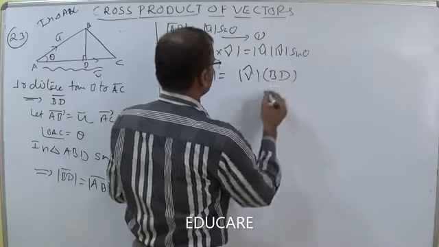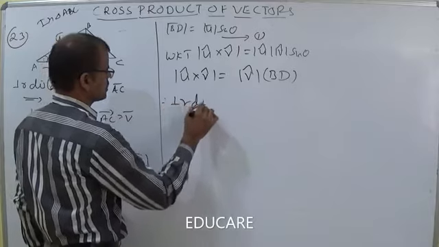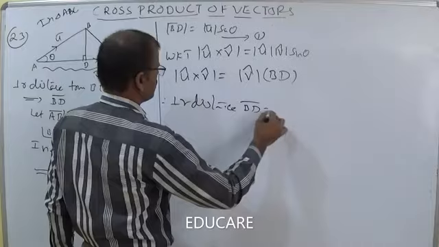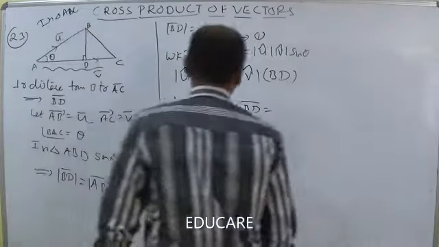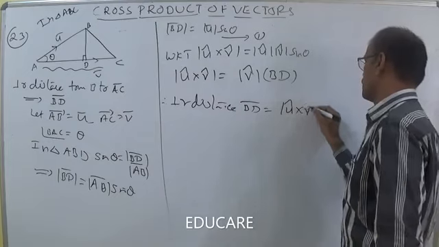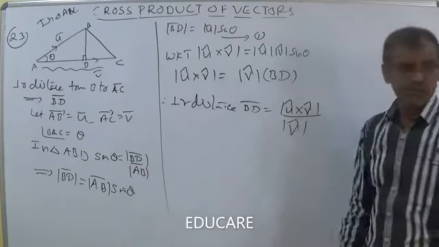So we need the perpendicular distance. This is the perpendicular distance BD from B to the line AC, equal to the modulus of u bar cross v bar by the modulus of v bar.